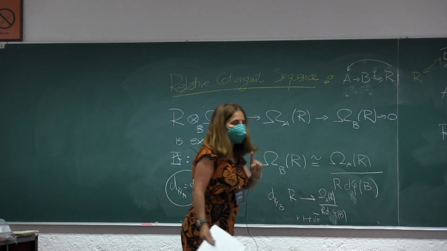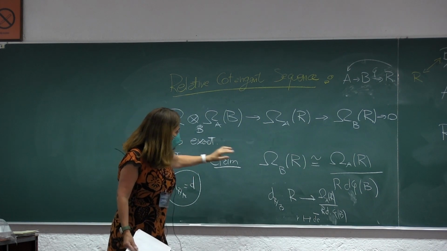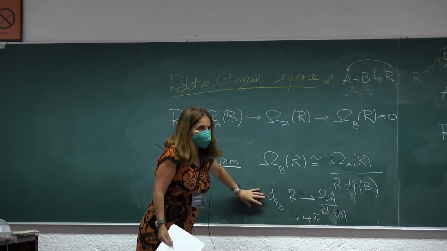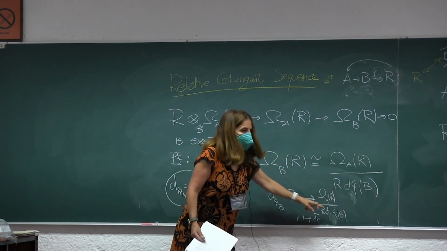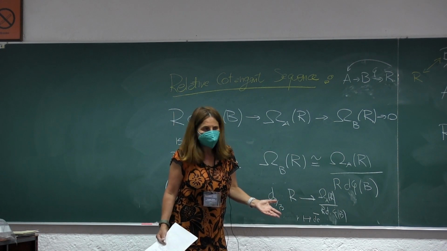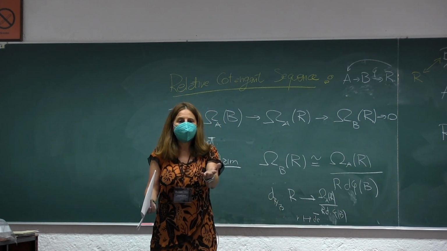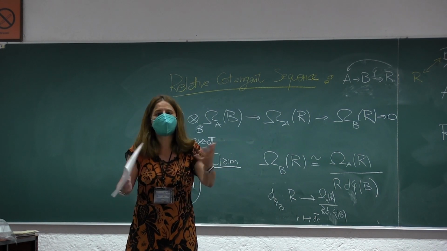So first let me tell you what the claim is. The claim is that this module, with this map, is the universal module of differentials. So how are you going to prove that? And then I'll tell you why that is enough. What do you use? The usual theorem.